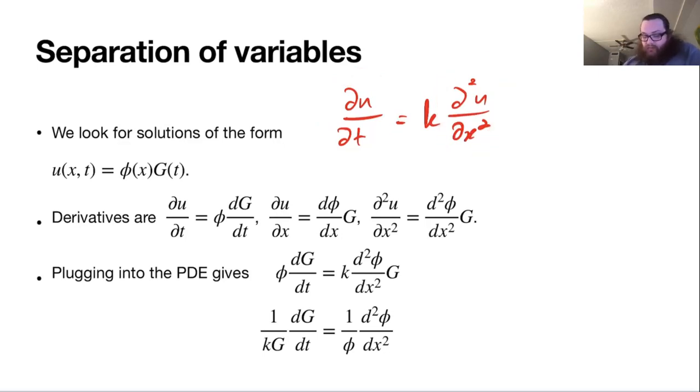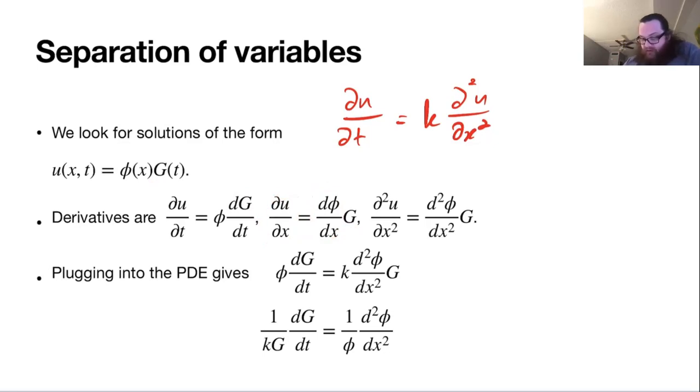If we want to plug the separated solution into the PDE, let's compute some derivatives. Phi doesn't depend on time, so it's a constant with respect to time, so this time derivative only affects g. Likewise, g is constant with respect to x, so when we take an x derivative, it only affects phi and not g.